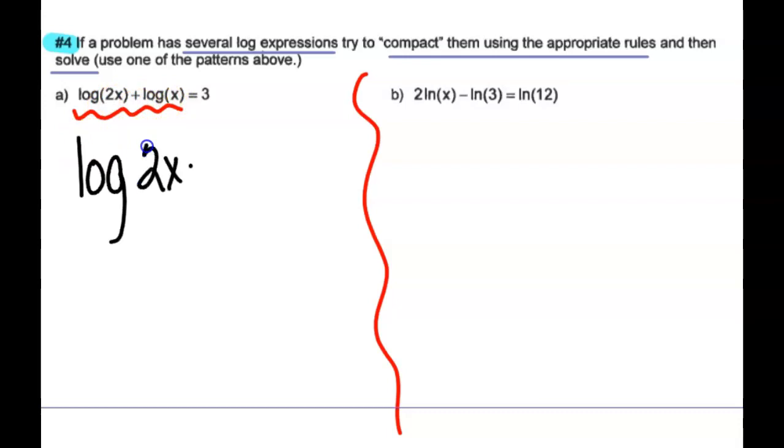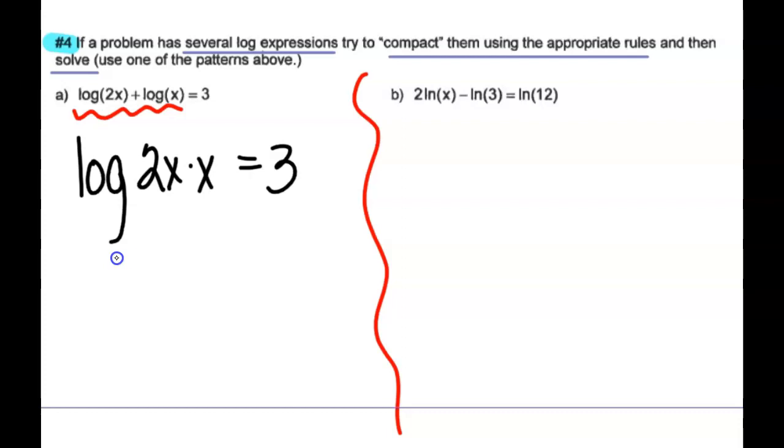Multiplied. So we have a 2x times an x. It's just going to become a 2x squared, but I'm not writing it that way because I want your notes to be able to know where it came from. Do you remember that adding means multiplying, okay? Now, it's 1 log, so which kind is this of the 3 strategies above this?